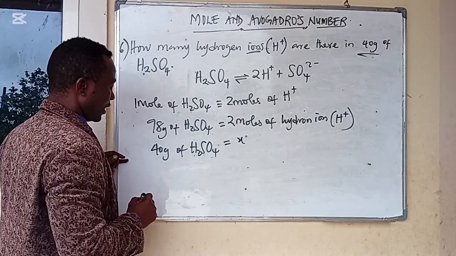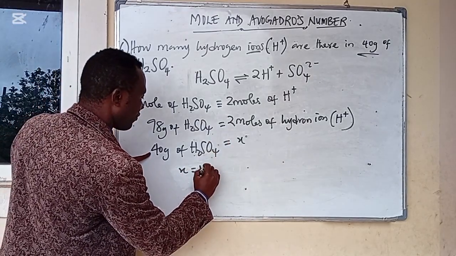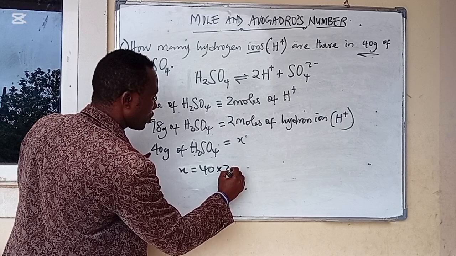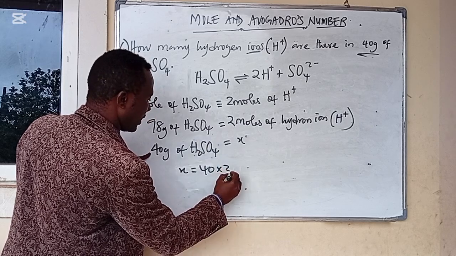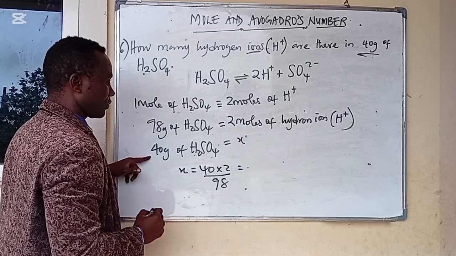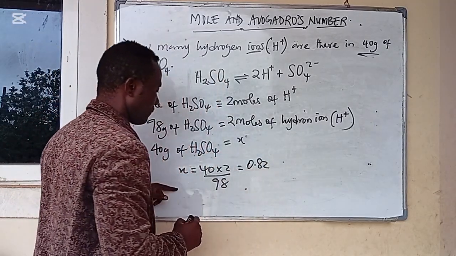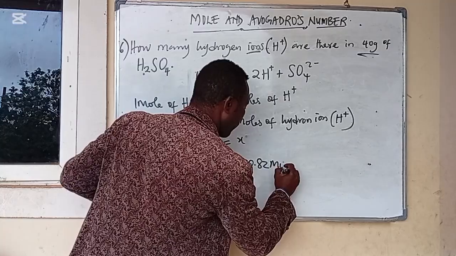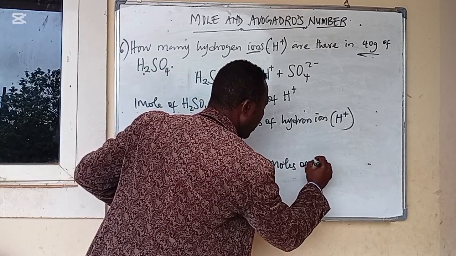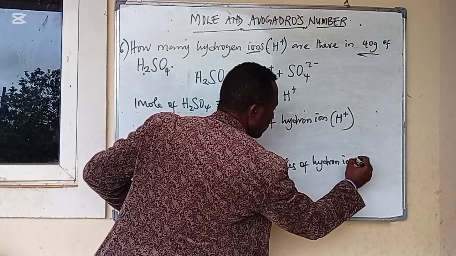Take it to be X. So our X will be equal to 40 times 2 divided by 98. If you make this calculation, it will give you 0.82 moles of hydrogen ion.